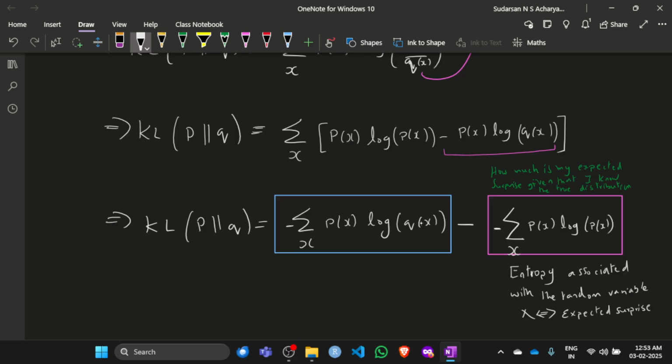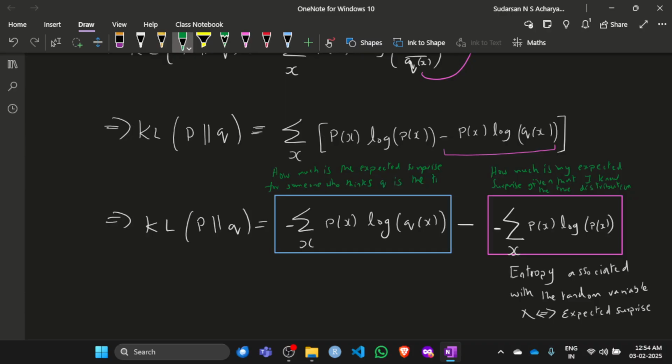But they are thinking that Q is the distribution, and then they calculate the expected surprise. So this is simply the expected surprise. How much is the expected surprise for someone who thinks Q is the original distribution of the random variable x?